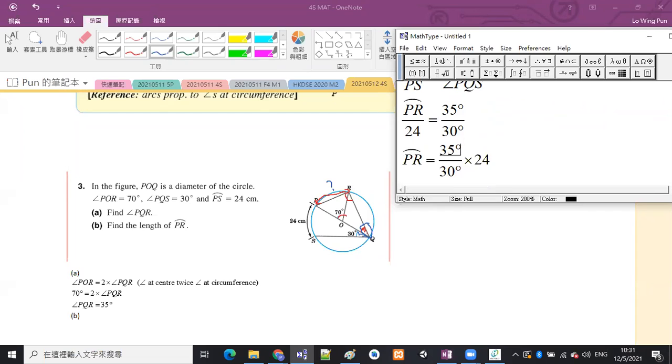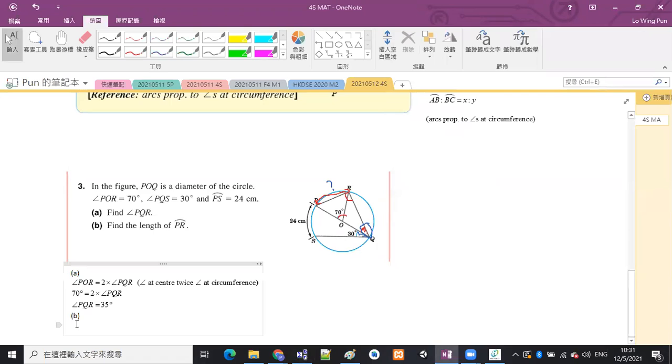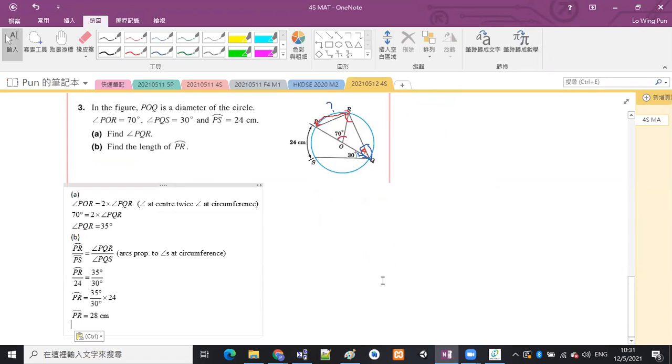So arc PR should be equal to 28 cm. Okay, so that is the answer of part B. Is that okay?